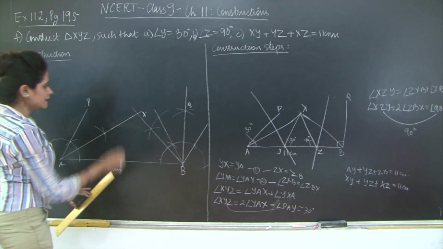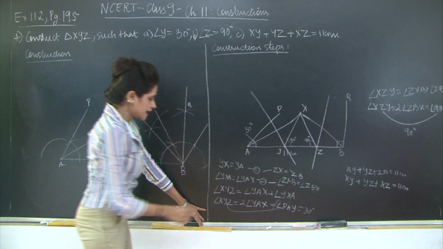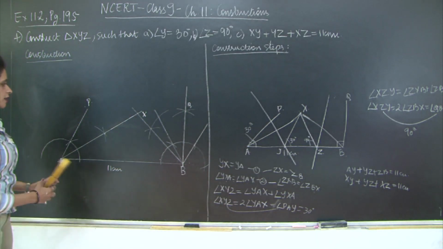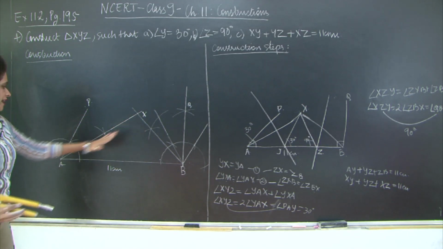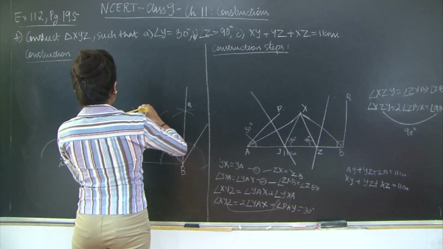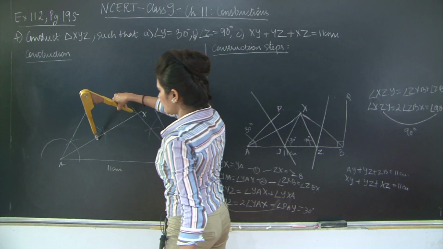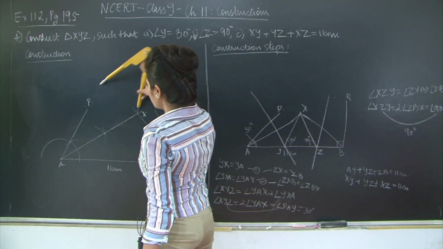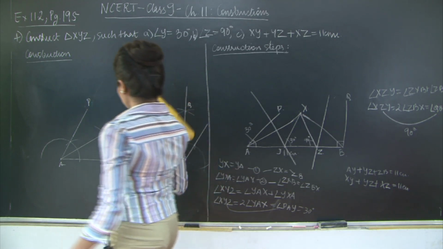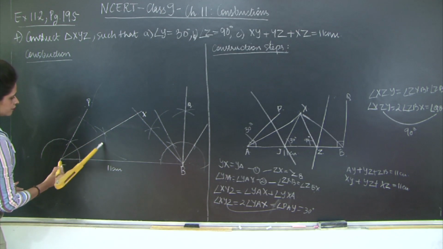So for triangle XYZ, we have at least found out the vertex X. Now we need to find the vertices Y and Z. So how do we do this? We are now going to draw the perpendicular bisector of XA and XB. So drawing the perpendicular bisector of XA, take more than half the length of XA, cut an arc here and cut an arc here. Similarly with A as the center, okay.